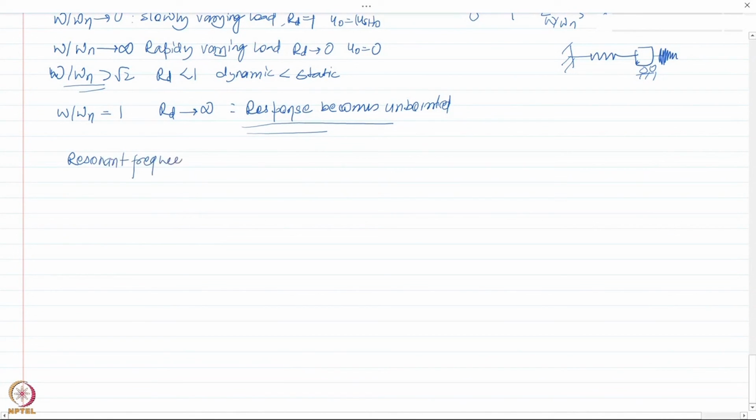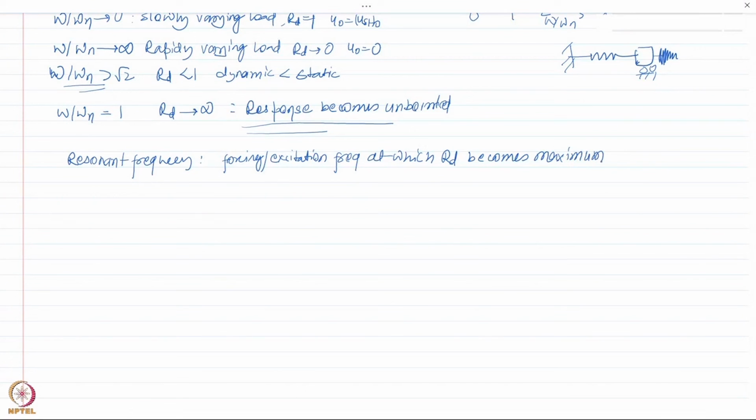This would be the forcing frequency or excitation frequency at which the RD, or the displacement response factor, becomes maximum. Whatever the value of applied frequency at which it becomes maximum is called the resonant frequency, and this phenomenon is called resonance.